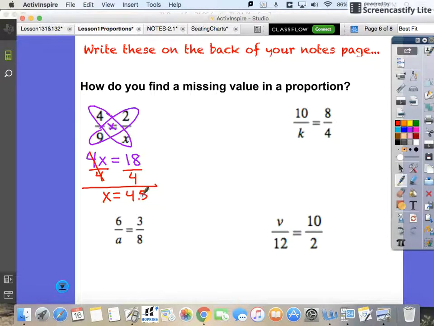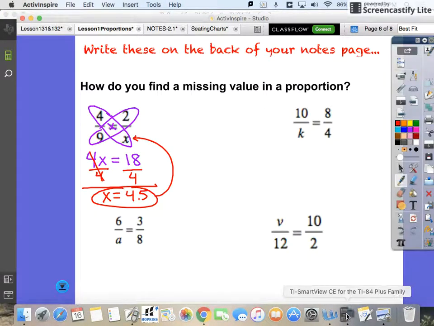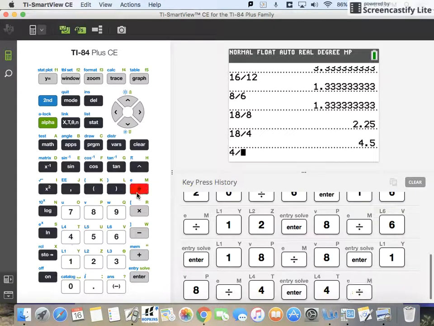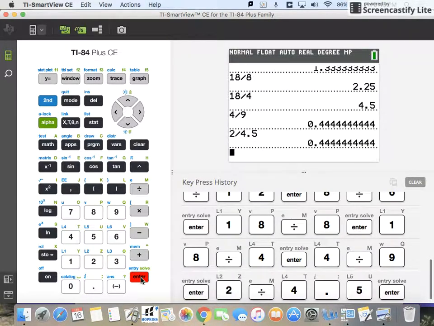Now if you want to check your answer, you can put this back in. If you do 4 divided by 9 and then 2 divided by 4.5, you get the same decimal.